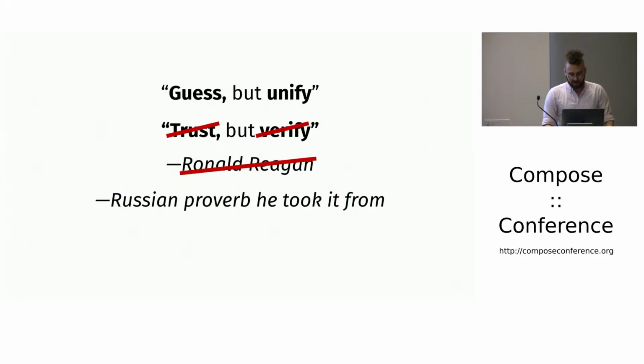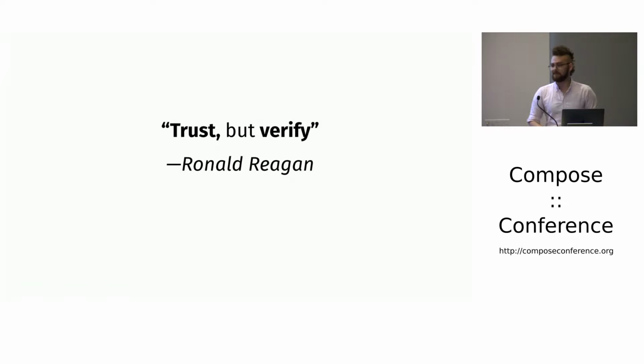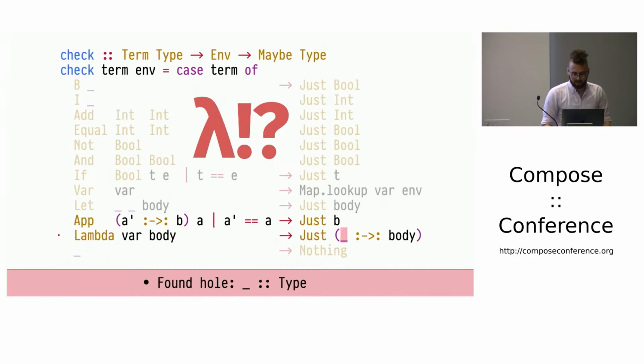So let's back up. Before I dive into the detour that I just hinted at, just to make sure that we all know where we're going, because we're about to swerve off to the side, I want to make sure that the long arc of the talk is persistent in our heads, right? So we need to make up a type here. And when we make up this type, we don't know what it is.